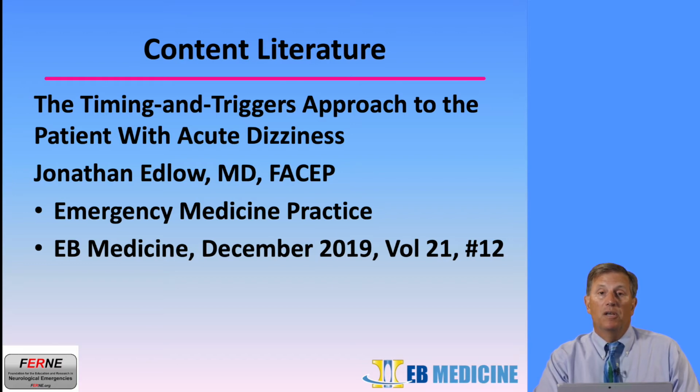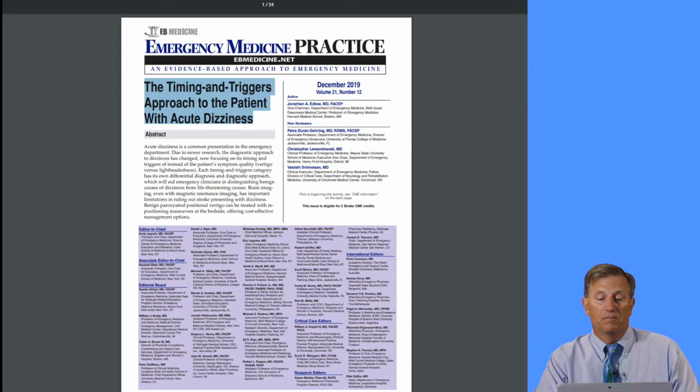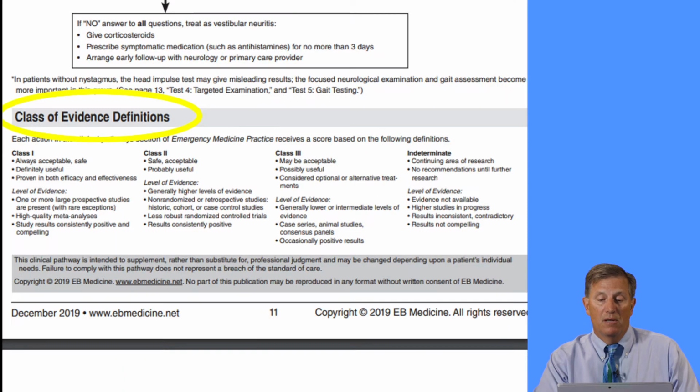It was published in Emergency Medicine Practice by EB Medicine, December 2019, Volume 21, Number 12. This is a picture of the monograph. Note that EB Medicine has put Emergency Medicine Practice monographs out for the past 26 years, and these monographs are quite useful in providing care of patients with acute emergencies of all types.